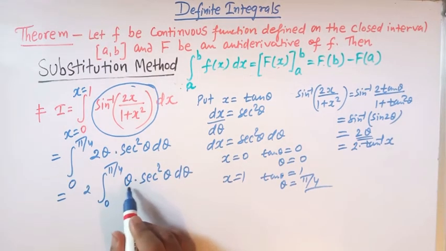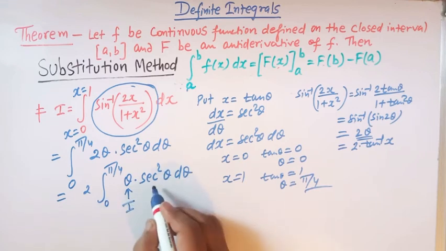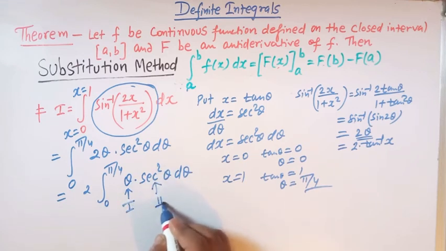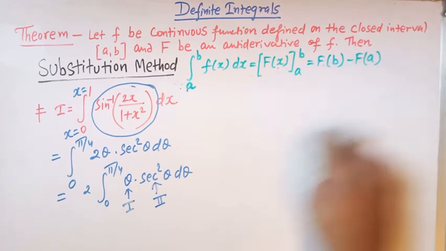And now this is the product of two functions, so this will be integrated by making use of parts, and here theta will be taken as the first function, and sec square theta will be taken as the second function. So we'll make use of the method of integration by parts.